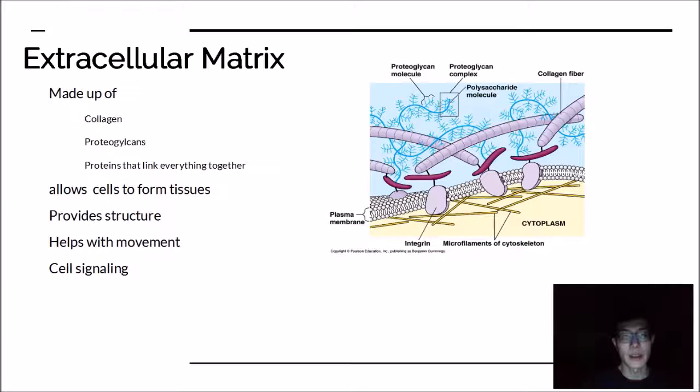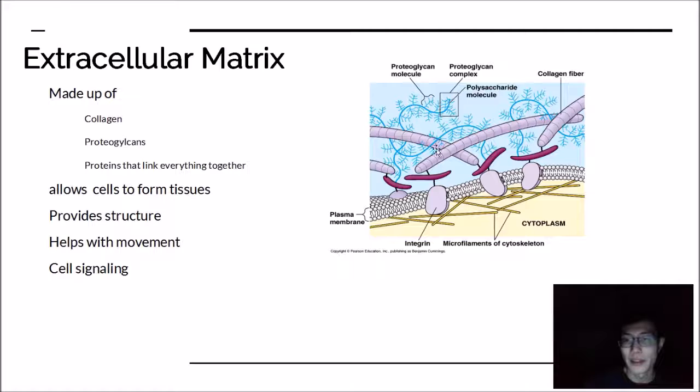Now, animal cells, and to a lesser extent, some plant cells as well, but animal cells are really well known for this thing over here called the extracellular matrix. And the extracellular matrix is made up of a couple of things, including collagen, which is quite important, as well as other aspects like proteoglycan, as well as linker proteins. So you can see this diagram over here.